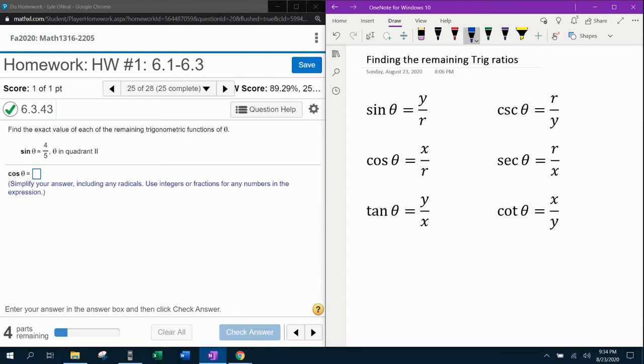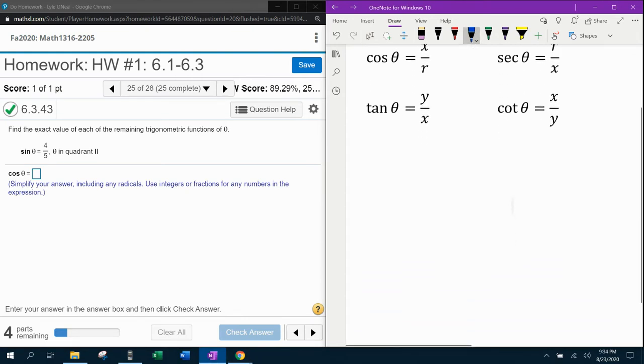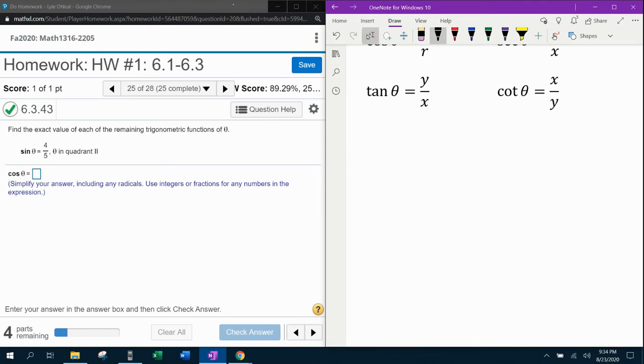So theta being in quadrant 2 means that if I draw a coordinate system and construct a right triangle from the origin out into quadrant 2, this would be our angle here, theta.